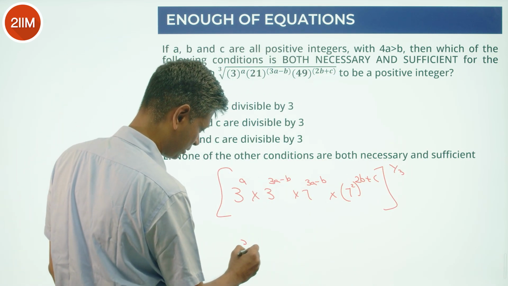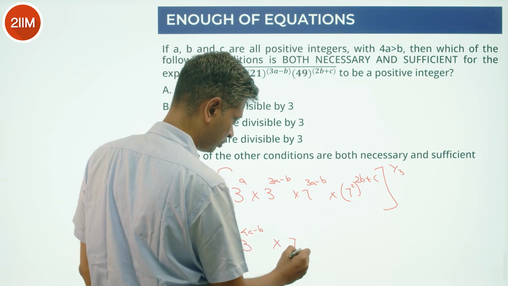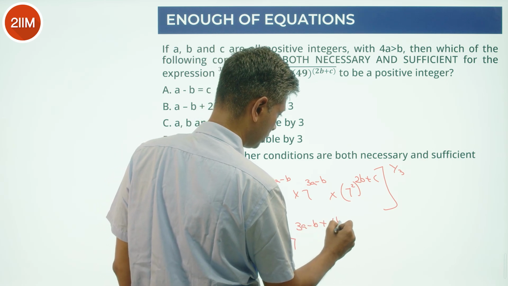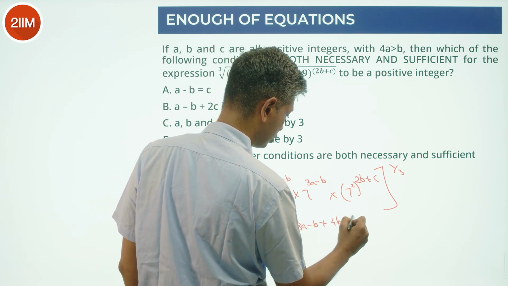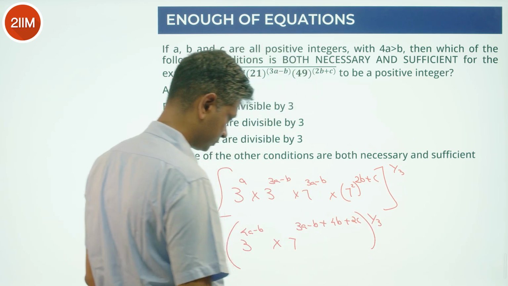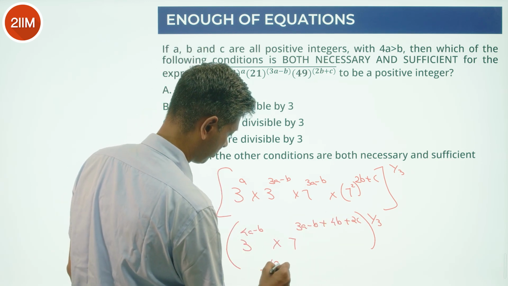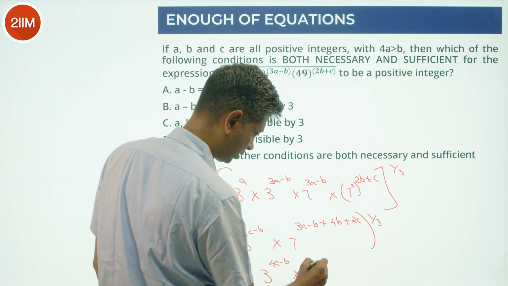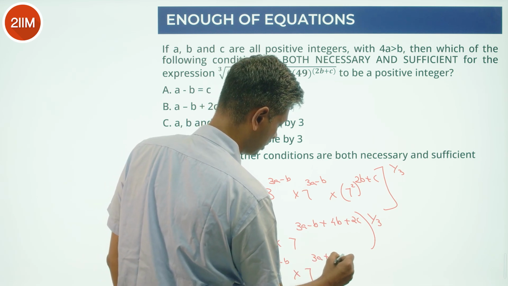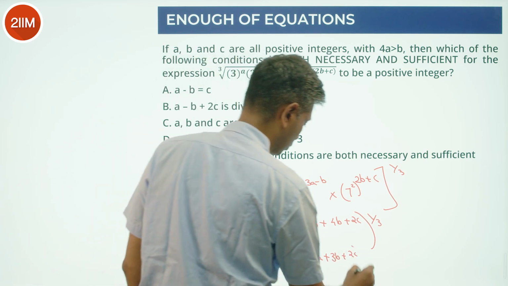So 3 power 4a minus b into 7 power 3a minus b plus 4b plus 2c, whole power 1 by 3. So 3 power 4a minus b into 7 power 3a plus 3b plus 2c, whole power 1 by 3.